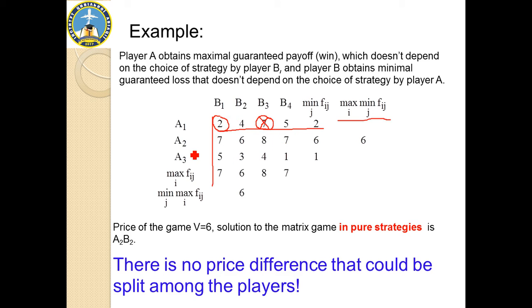Now he analyzes his next strategy. Again, he might have shot for this payoff of 8, but player B can beat this by playing strategy B2. So instead of getting 8, player A gets only 6 if he picks this particular strategy.